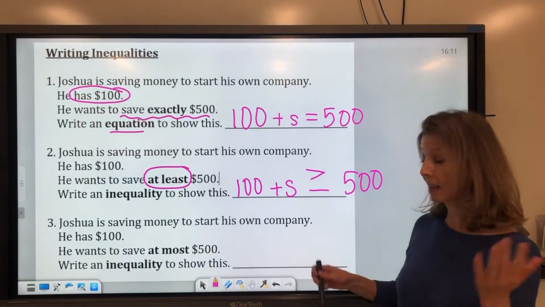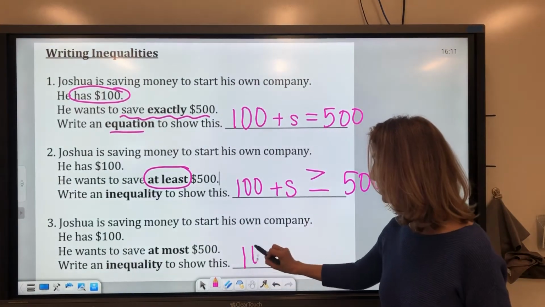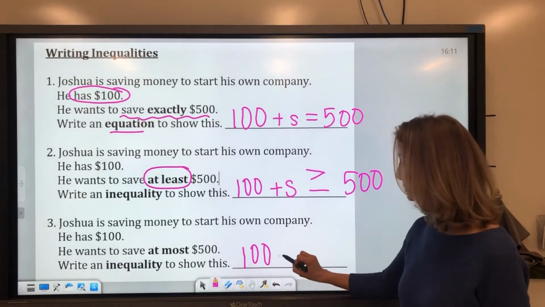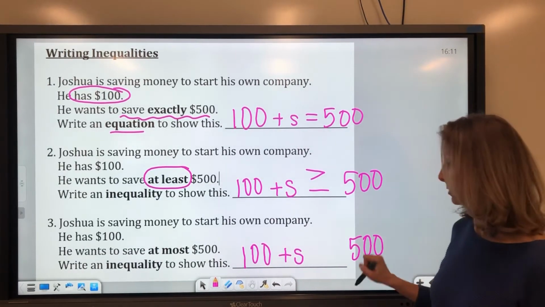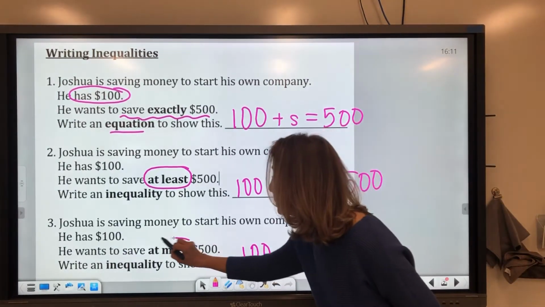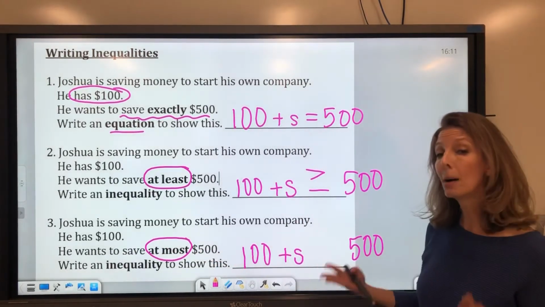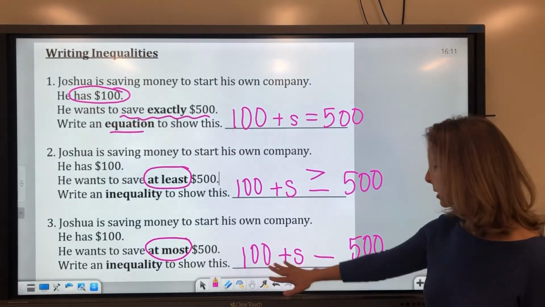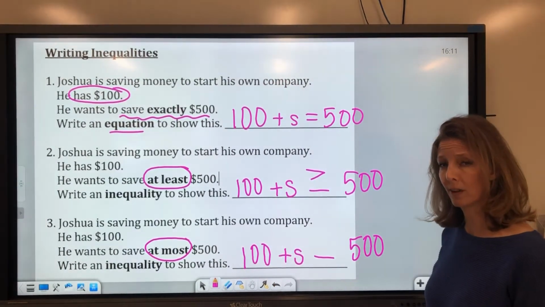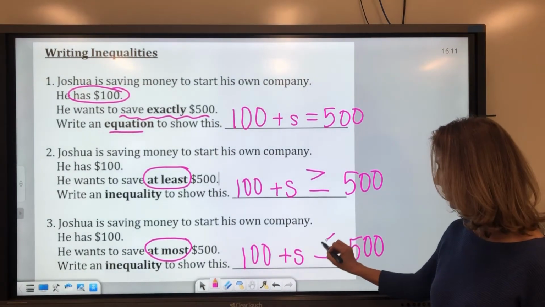Next one. Again, we're going to start off with 100, which is what he has, plus what he still needs to save. We know this has something to do with 500. He wants to have at most 500. So it could be equal to 500, but for whatever reason, he doesn't want this to go over 500. The very most he wants this to be is 500.